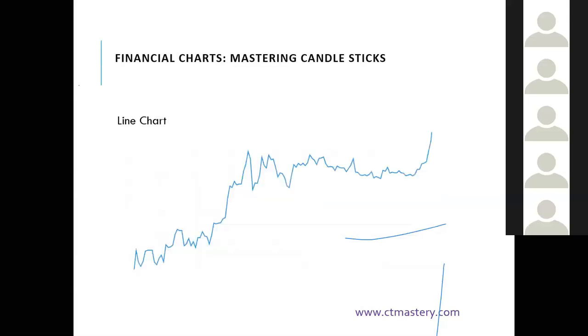So the line charts. The line chart is the most common type of financial chart. You must have seen it. You can easily recognize it and understand it without anybody telling you what it is. The line chart shows the price at each point on the line relative to the period.